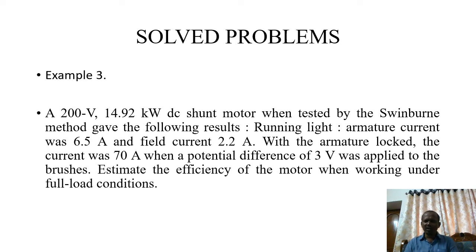With the armature locked, the current was 70 ampere when a potential difference of 3 volt was applied to the brushes. Estimate the efficiency of the motor when working under full load conditions. This is our problem. All of you note this problem.